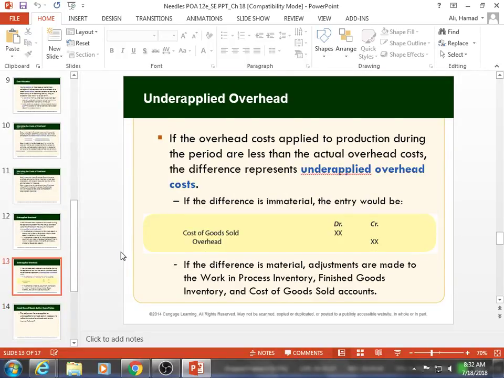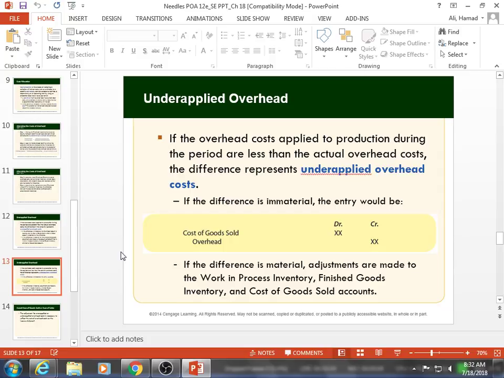If it is under applied, then that means your rate was a little bit short. Your actual overhead is more than what you estimated. Therefore, you debit your cost of goods sold. That means you increase your cost of goods sold.